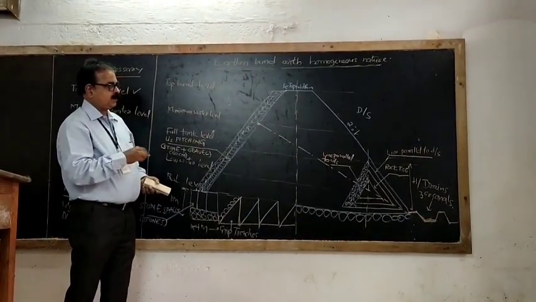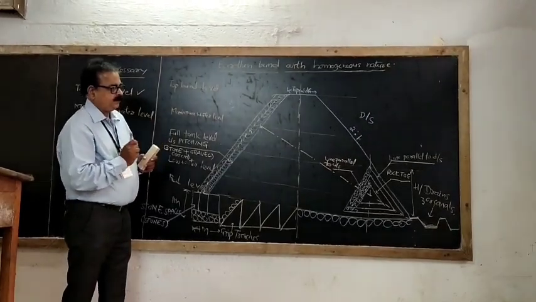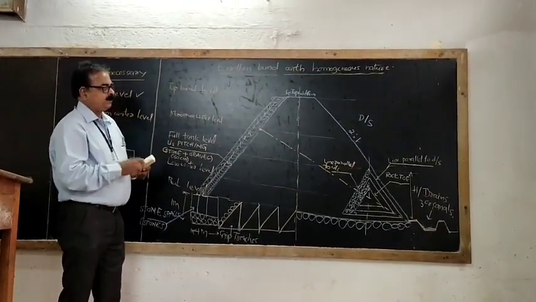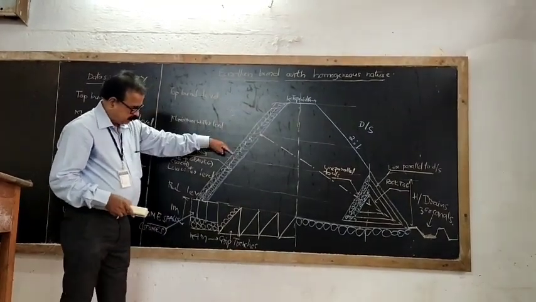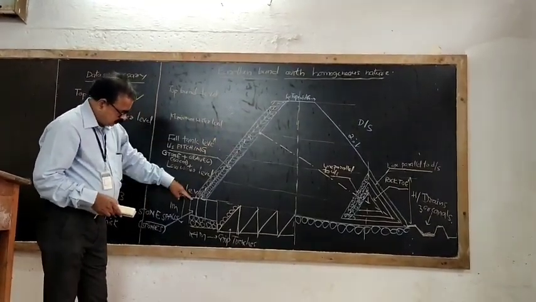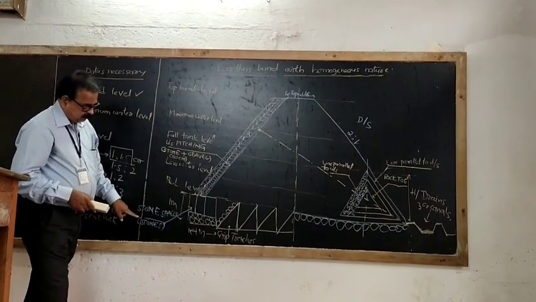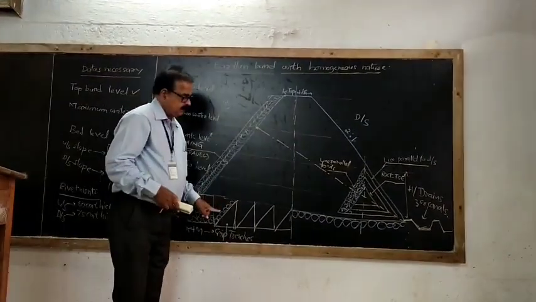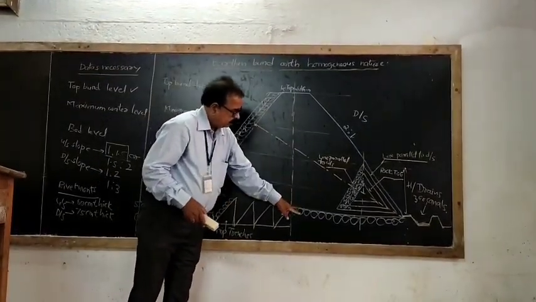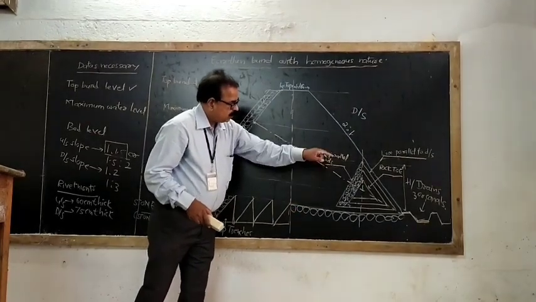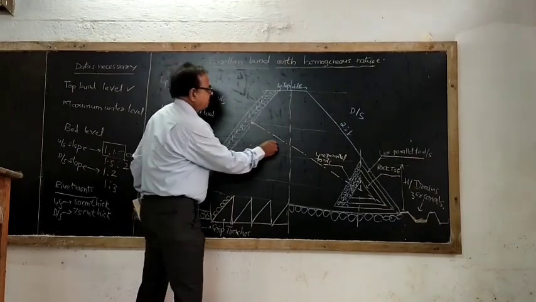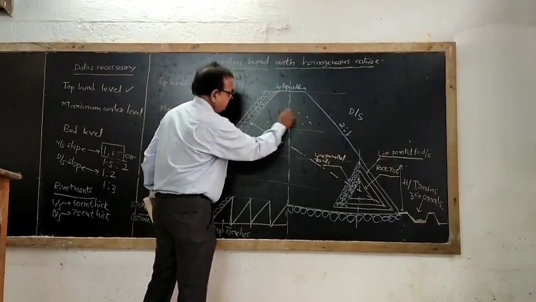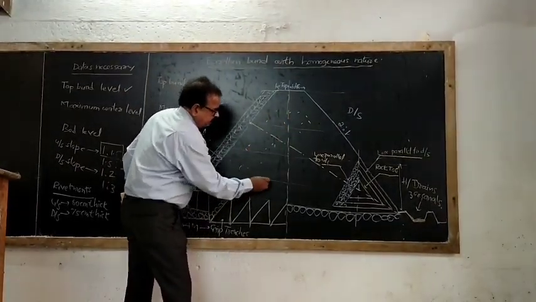Scale should not exceed the drawing sheet, and we have to give all the components: top width, upstream side slope, then foundation which is made of stone spalls, grip trenches, bed level pitching, rock toe, and then canals. And inside, since it is made of earth, we have to show the filling of the earth.